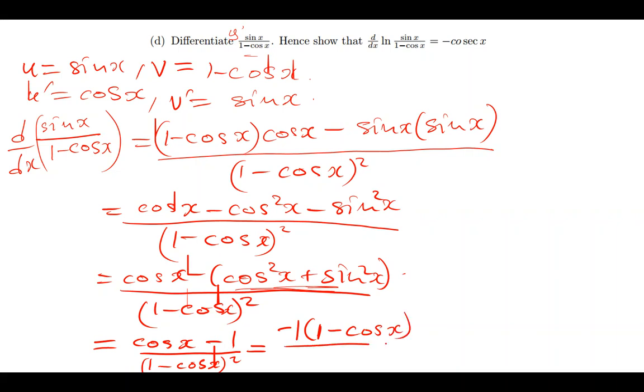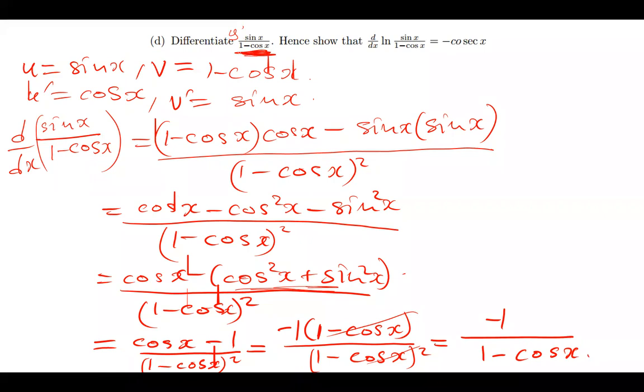Then everything divided by 1 minus cos x, squared. You can see that this and one of these will cancel, meaning we just remain with negative 1 on top, and the denominator will simply be 1 minus cos x. So this is the derivative of this function.